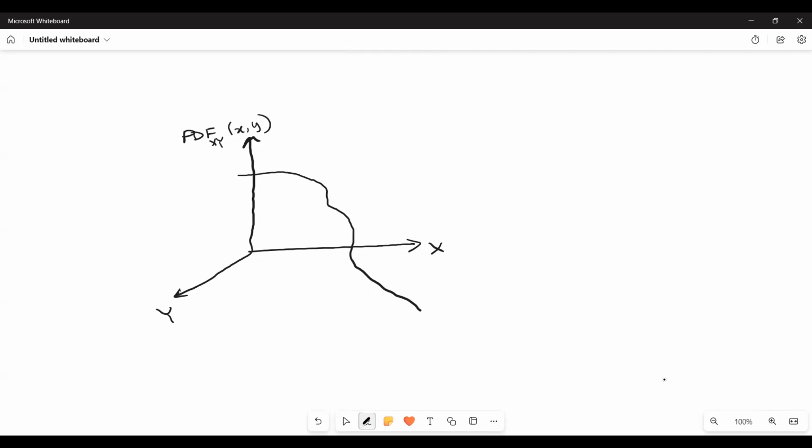So if I'm going to use machine learning, then I need to know what is the probability of this event occurring. Let's say whatever the event is, it is dependent on both x and y variables, random variables, right?